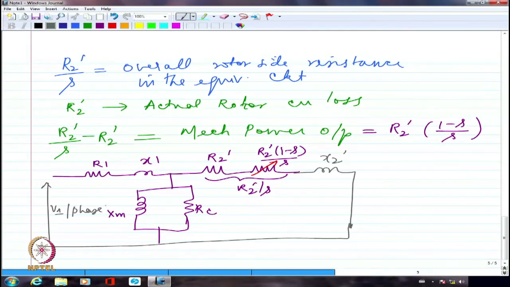Now I should be able to write, this is I2', this is I0, which is the no load current, and this will be the summation of I2' plus I0, which is I1, right? That is I1, right? Is this clear? This is the overall per phase equivalent circuit of the three-phase induction motor, from which we will calculate everything for three phases by multiplying by 3.